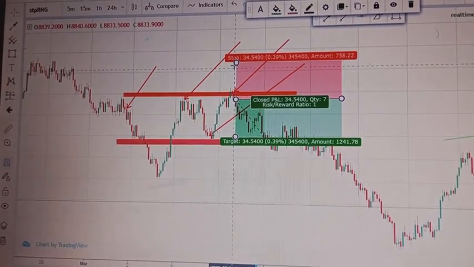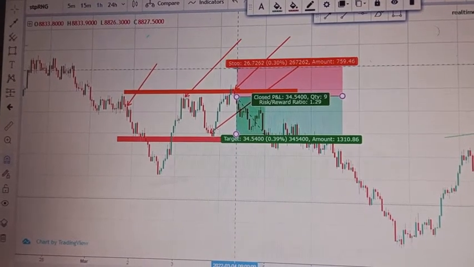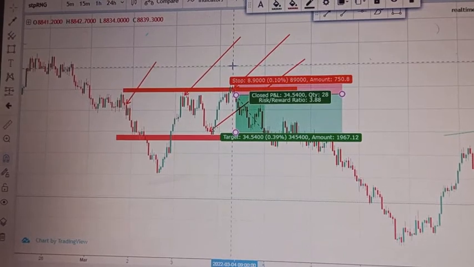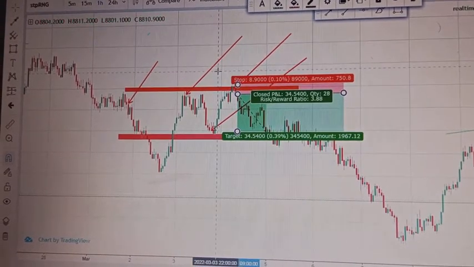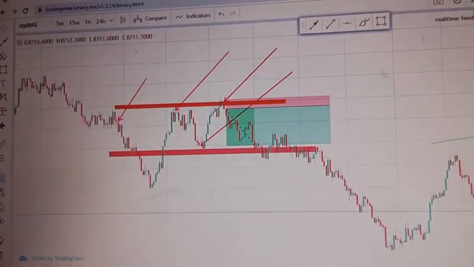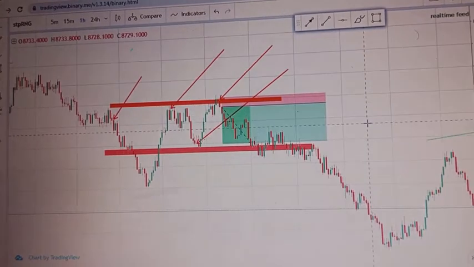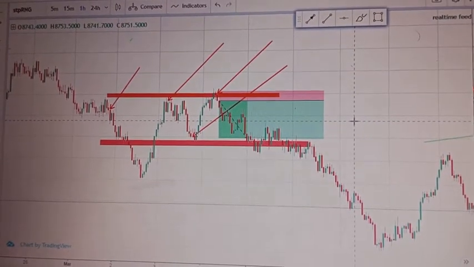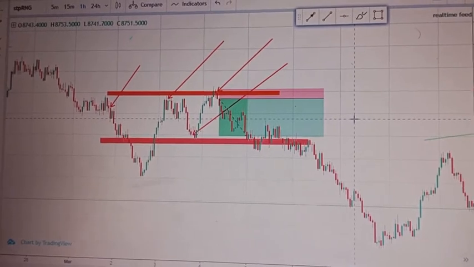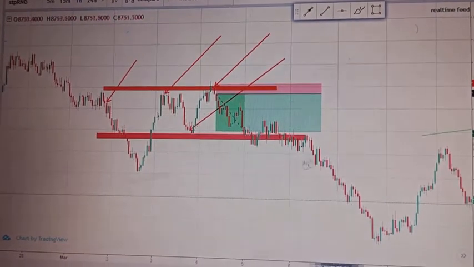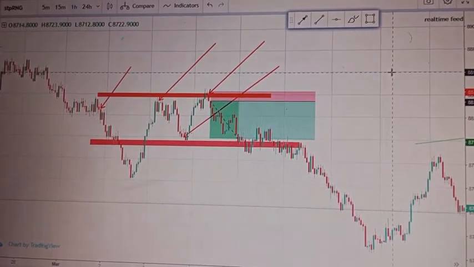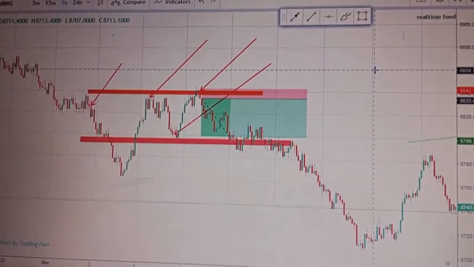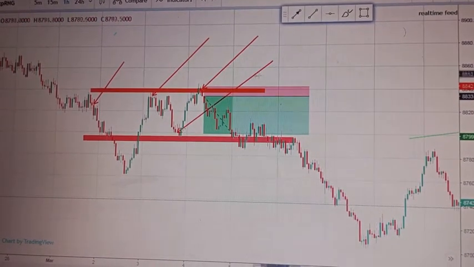Okay, so we are expected to bring it a bit close. So this is where our estimated loss should be, so that if the market decides to go against us, then we are not going to lose much. Okay, so that is how you can use this strategy to milk your market.